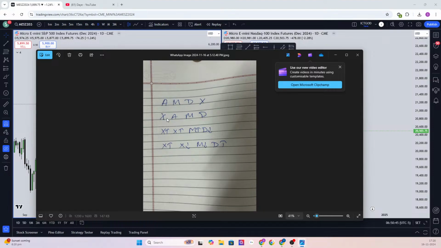According to Daye, every month, every week, every day, every session is divided by the count of four. If you want to go with the yearly thing, the year is divided into four quarters, right?